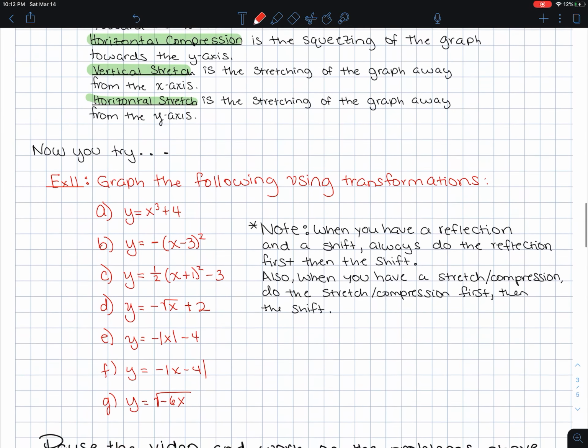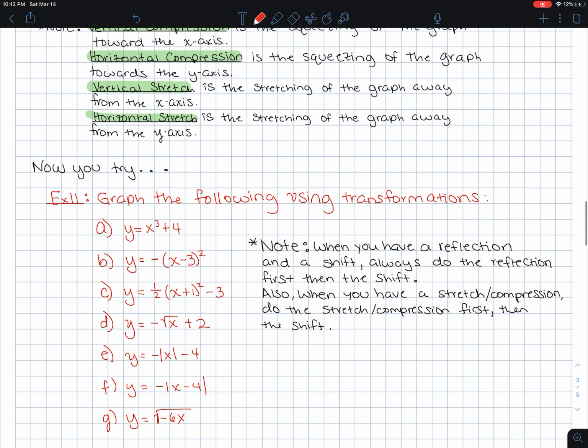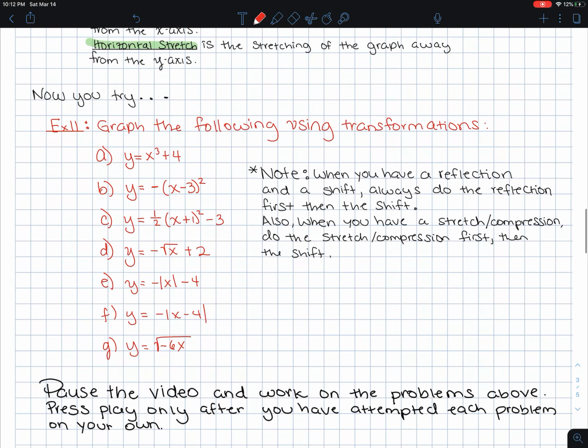Now you try. So I have a few examples here. What I'd like you to do is pause the video, work these out on your own, and see if you can graph all of them. And once you're done with all of them, that's when you can press play again and check your answers. By the way, I did say here, note when you have a reflection and a shift, always do the reflection first.